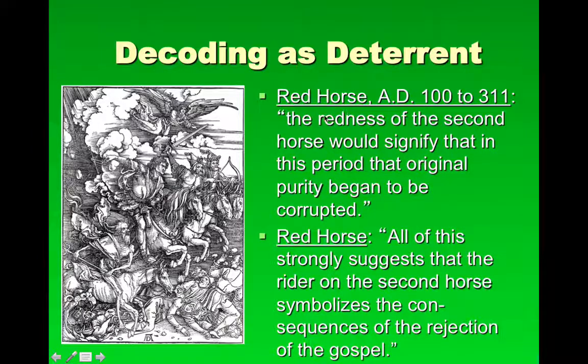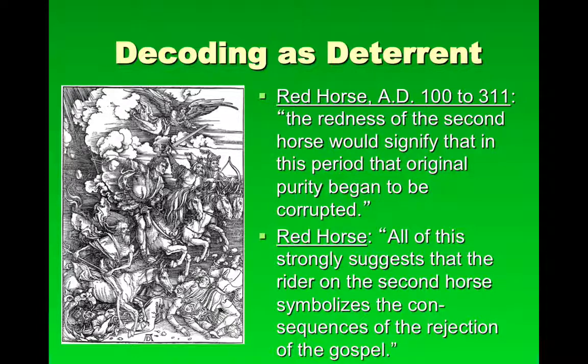But some of the decoders have gone on record to be very specific, saying, for instance, that the red horse represents a certain reality in the church in the run-up to the Emperor Constantine in the 4th century. The red horse represents a period in history and the character of the Christian church in the pre-Constantinian era.